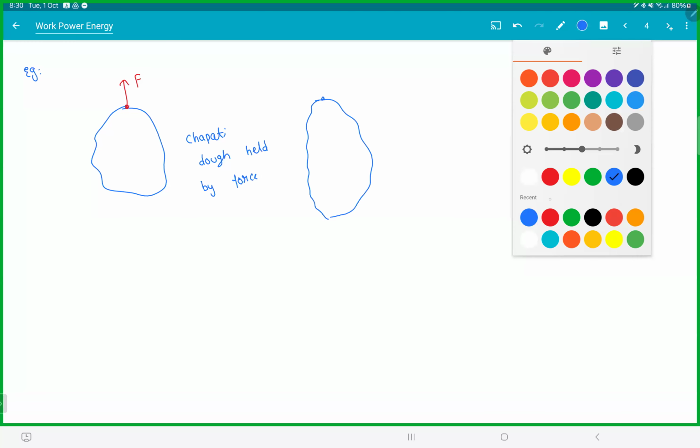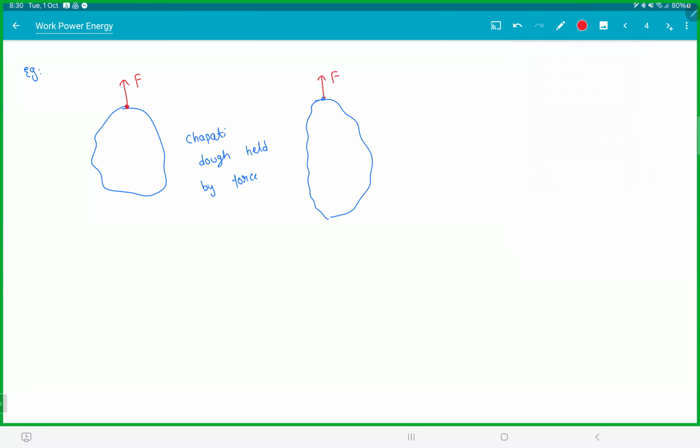But you're still holding at the same place. So the chapati dough stretches. What is the work done by the force? Positive, negative? Niharika got it.